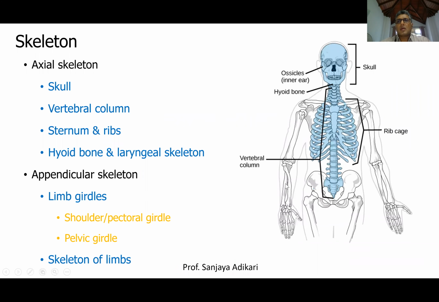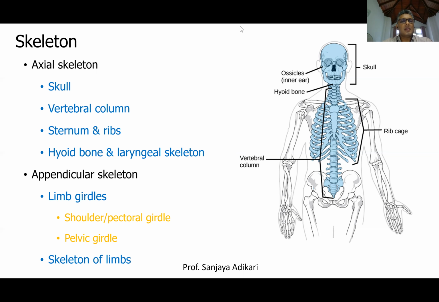Now I will start with this slide. I changed this lecture a little bit compared to the ones that I used to do before. Now if you take the whole skeleton of the body, just recall, you have gone through all these things in your undergraduate period, but just recall that you have two parts in the skeleton, the axial skeleton and the appendicular skeleton.